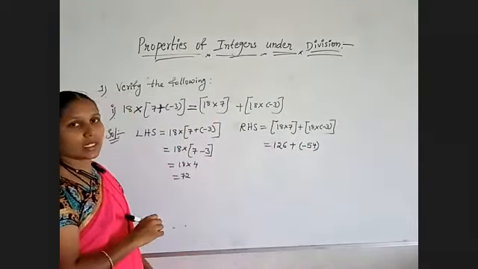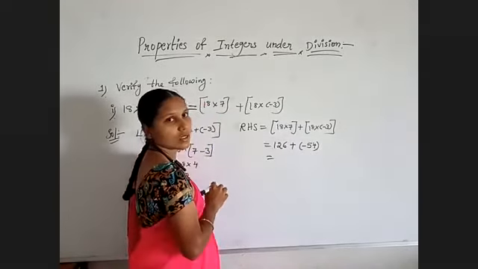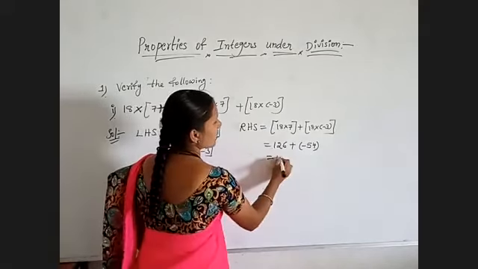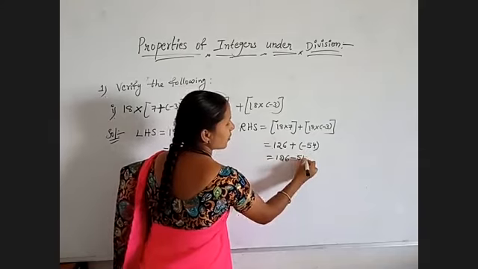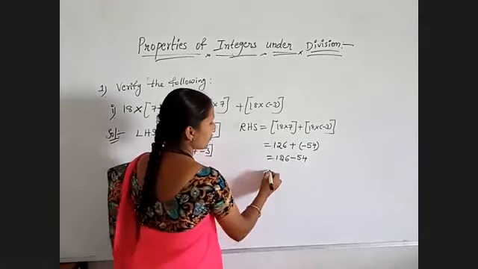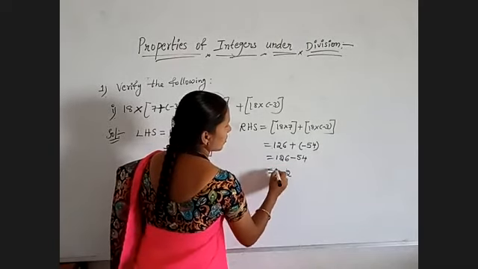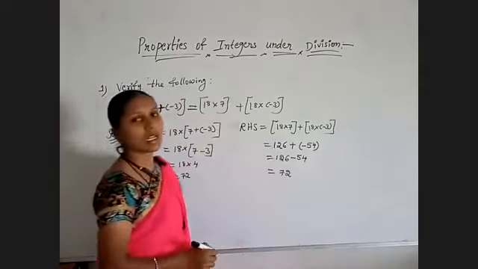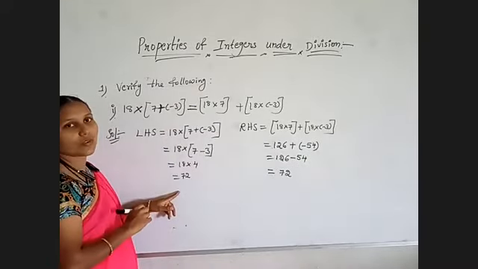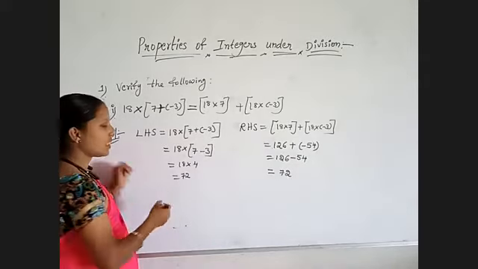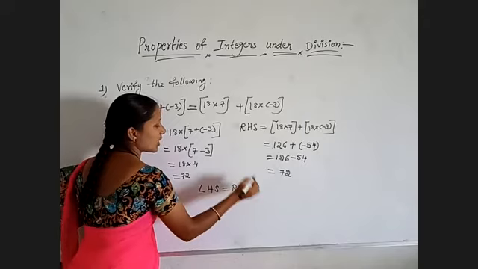Now one is plus, one is minus, so first of all simplify. 126 plus into minus is minus 54. 126 minus 54 is equal to 72. So here we got 72 and at the RHS also we got 72. That means LHS is equal to RHS. So whatever they have mentioned, that property is true.